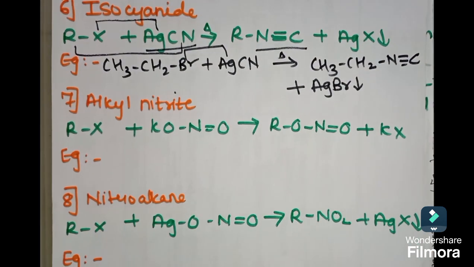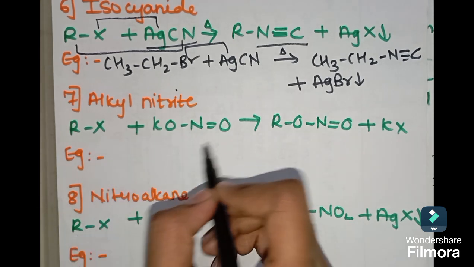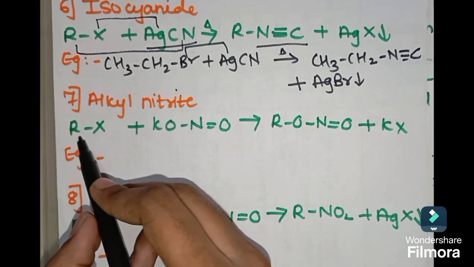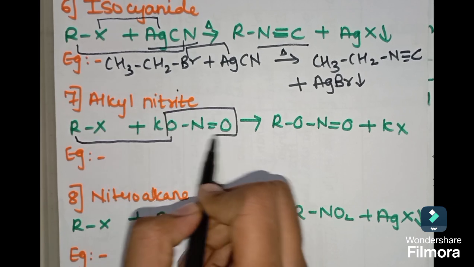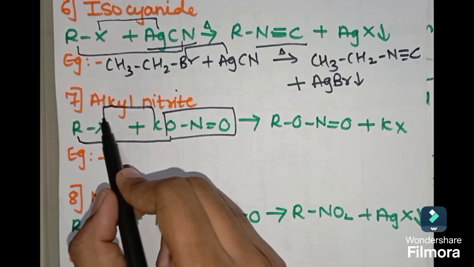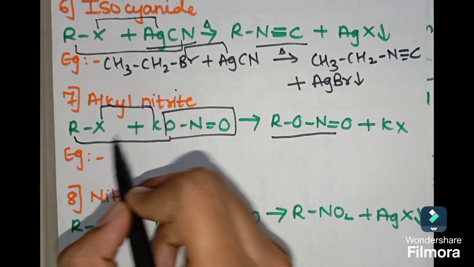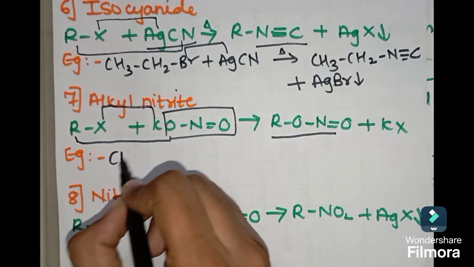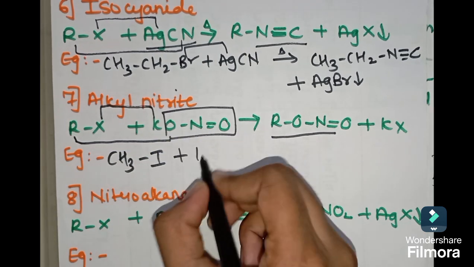Now we are going to form alkyl nitrite. For the formation of alkyl nitrite, we have to take potassium nitrite. Now there is one change over here, that R will combine with this ONO part and KX will form as a byproduct. So now we are going to get alkyl nitrite plus KX. We'll do an example over here, CH3I, methyl iodide or iodomethane.